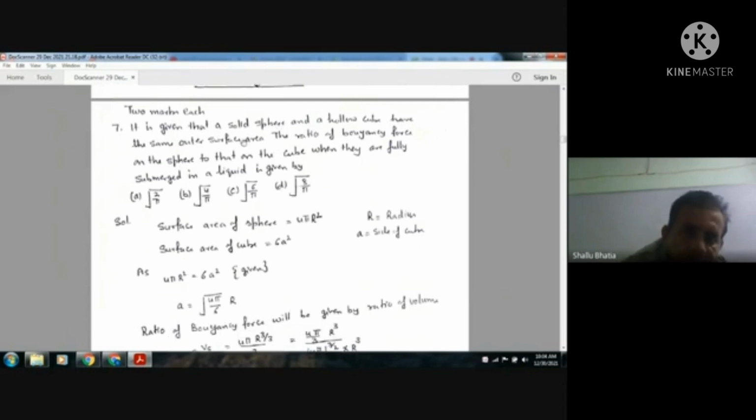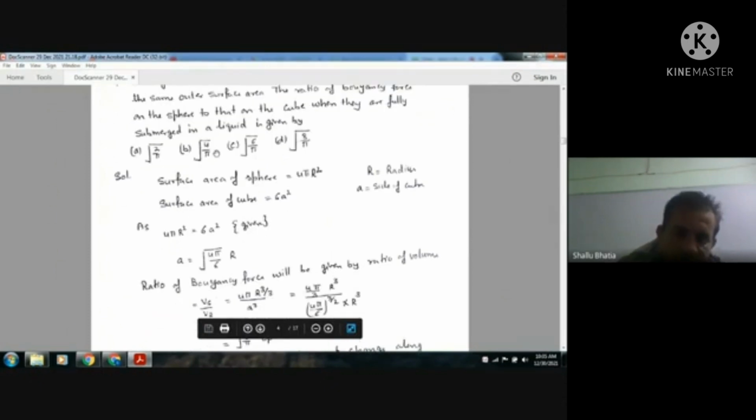So, given that the two bodies, solid sphere and hollow cube, have the same surface area. Surface area of sphere is 4 pi r square and surface area of cube is 6 a square. Okay. So equating these two surface areas, we get a is equal to the square root of 4 pi by 6 times r.